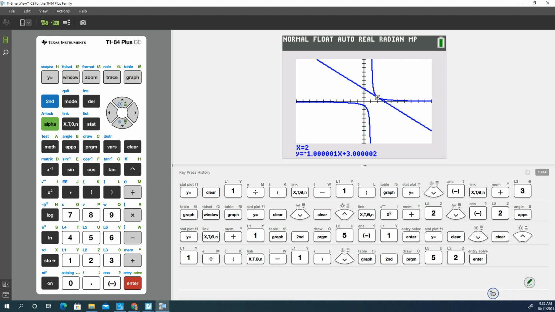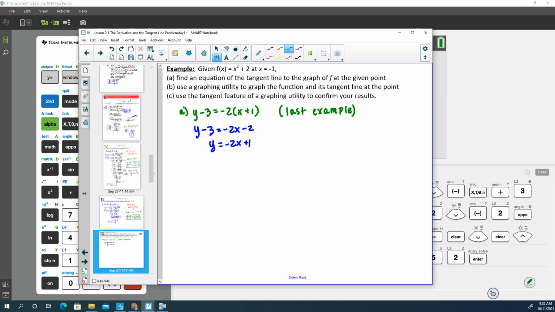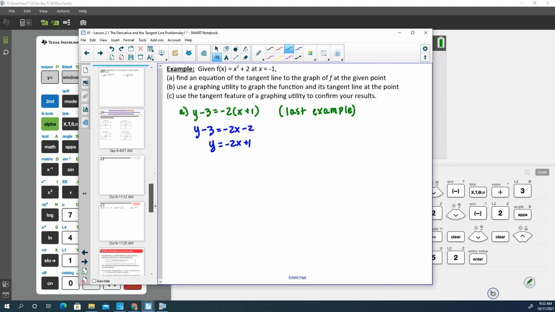I don't remember exactly how many zeros it uses, like 4 or 5 zeros, but it can't calculate exact limits. So that's just a good confirmation of, okay, we found negative x plus 3. Our answer is exact. Our calculator is rounded. So that's just to kind of confirm your results.